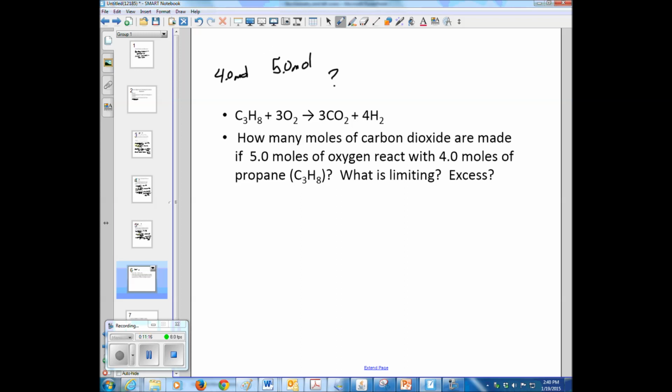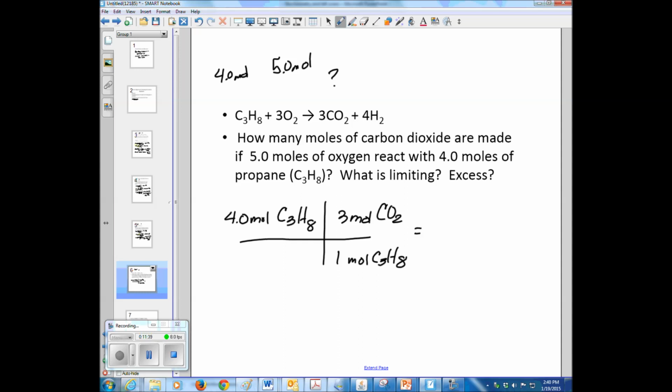Okay. Once again, we'll just calculate. First, we'll start with propane, 4.0 moles, C3H8, and our ratio of propane to carbon dioxide is 1 to 3. And that gives you 12 moles of carbon dioxide.